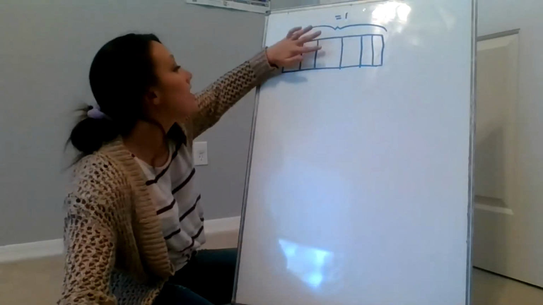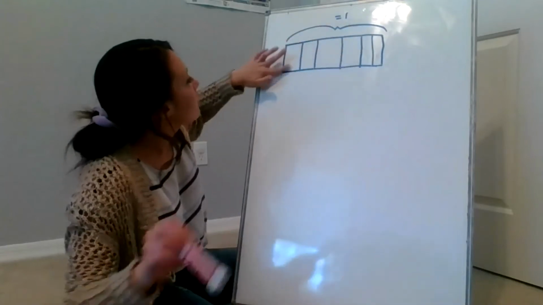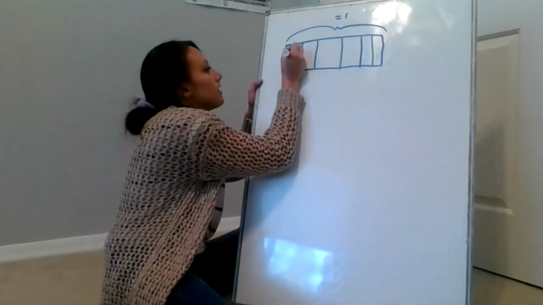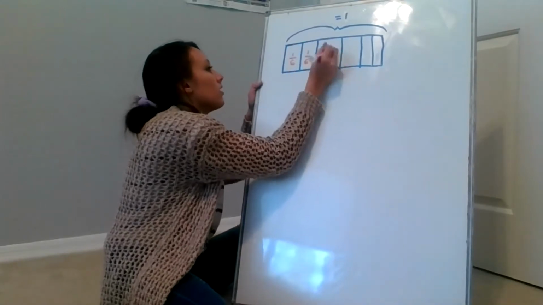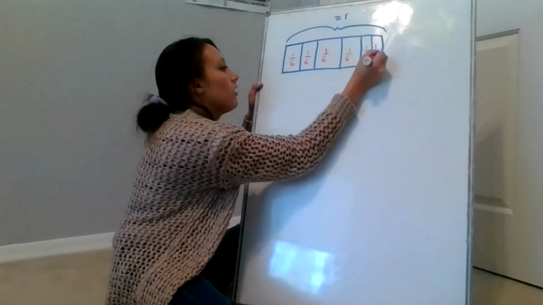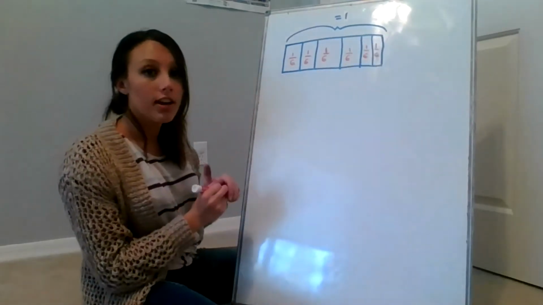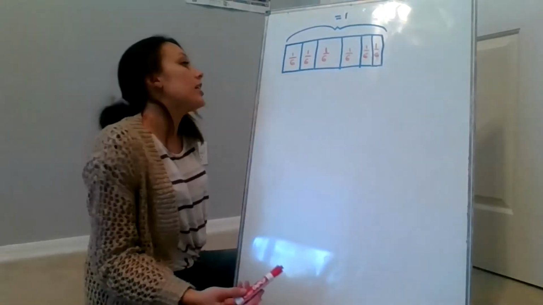Because it's 1/6 of the entire bar model. So we're going to just write 1/6 inside of each of them. You guys can go ahead and follow along and do this on your piece of paper too. Awesome.